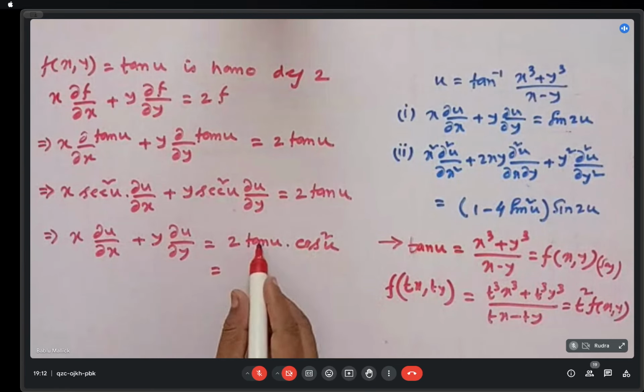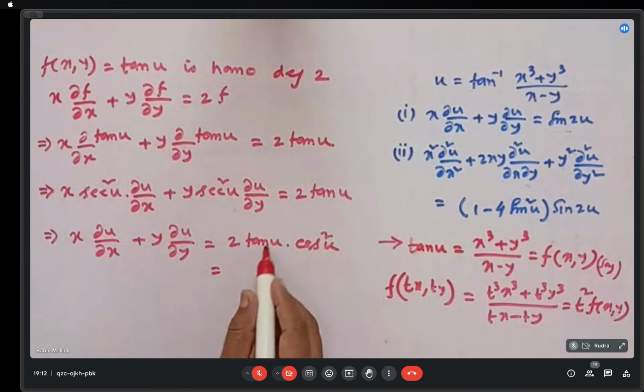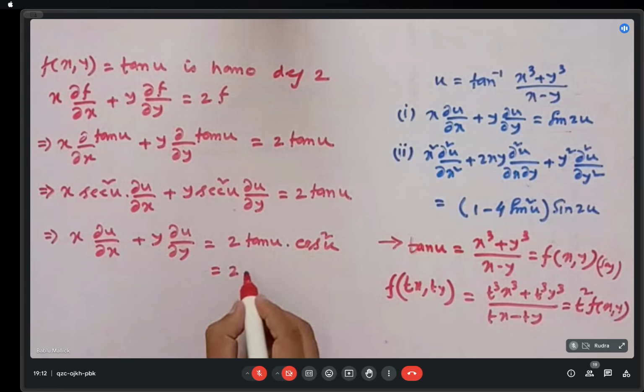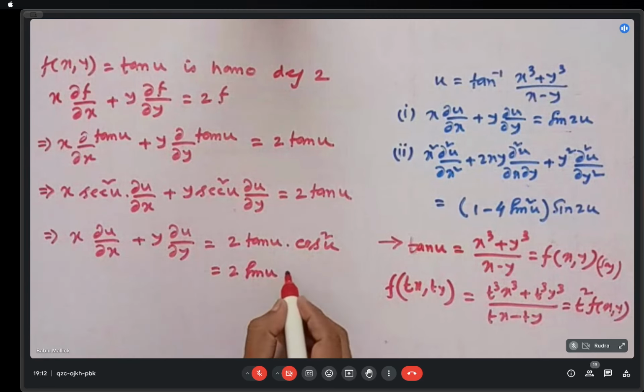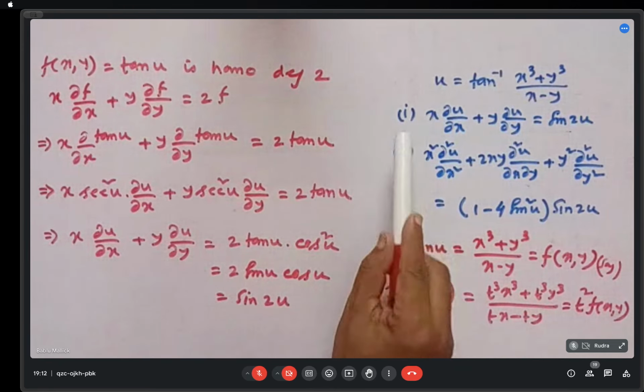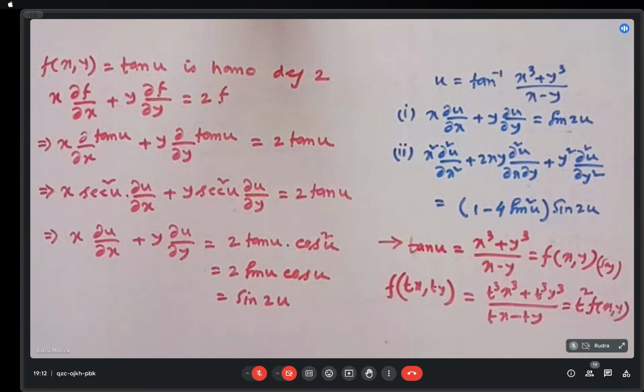If I write it as sin by cos, this is 2 into sin u into cos u, that is sin 2u. That was the first question: x into del u del x plus y into del u del y is equal to sine 2u.